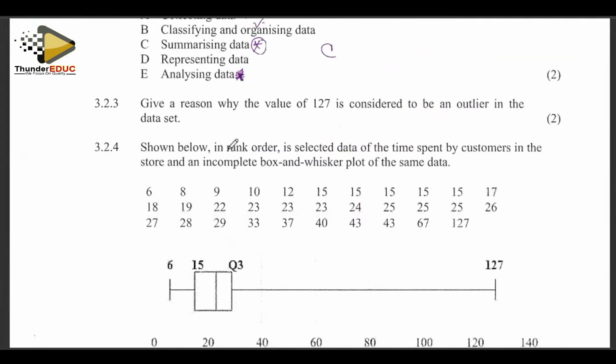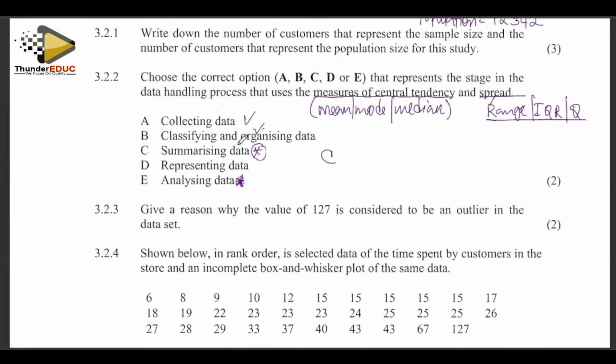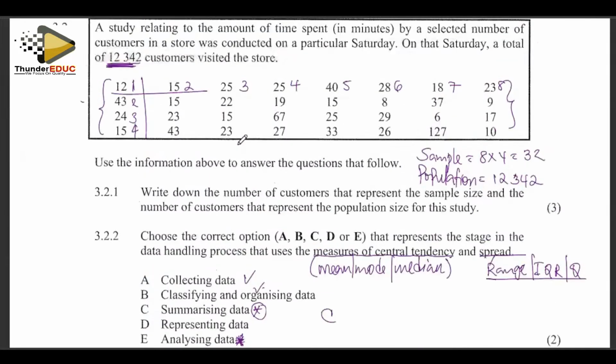All right. Give a reason why the value of 127 is considered an outlier in the data set. Why is it considered an outlier? Look at these numbers that you have here. When you look at them, they're in tens.